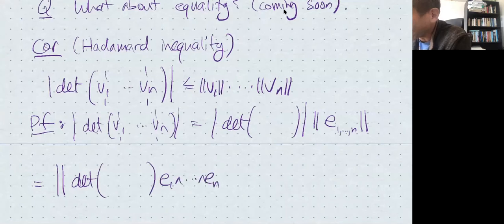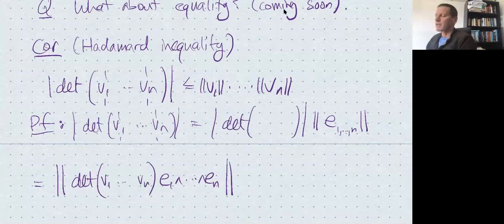This n-vector is E1 wedge, etc., En. And this is the determinant again of V1 up to Vn.